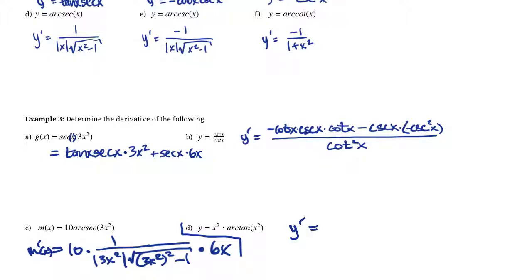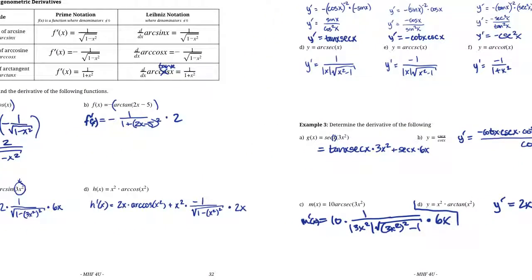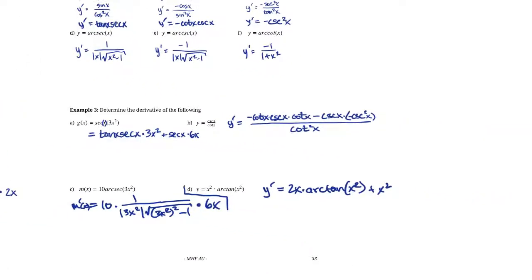So y prime, derivative of the first part, 2x, times arctan of x squared, plus the first part, which is x squared, times the derivative of the second part. So what's the derivative of arctan x? Well, we can go all the way back over here. The derivative of arctan x was 1 over 1 plus x squared.